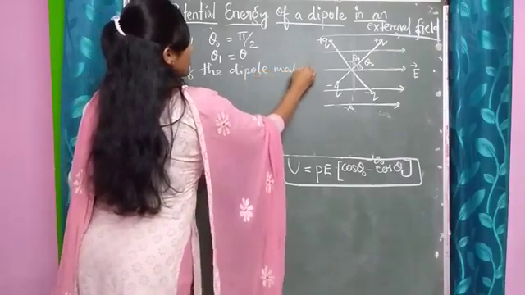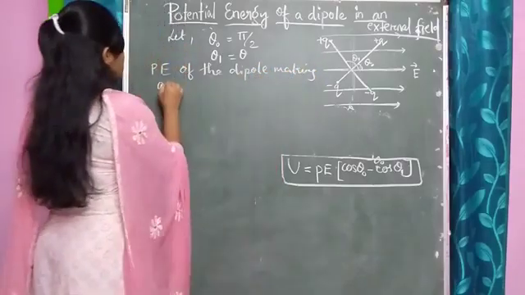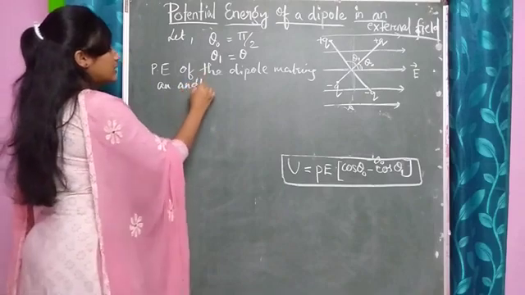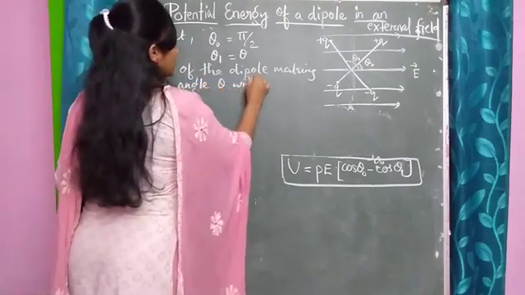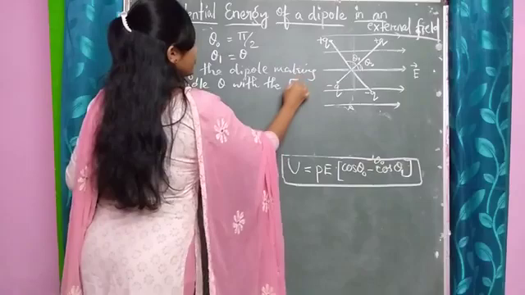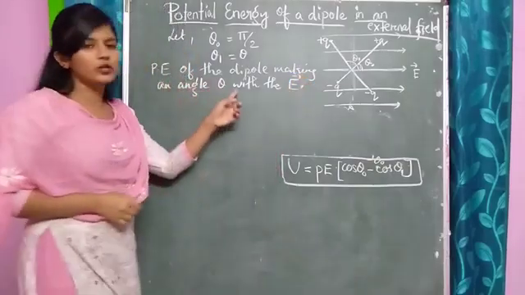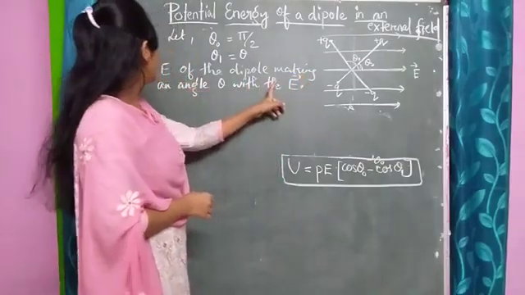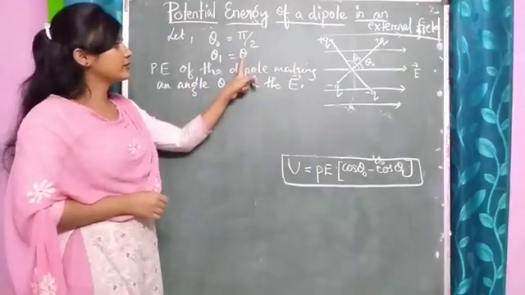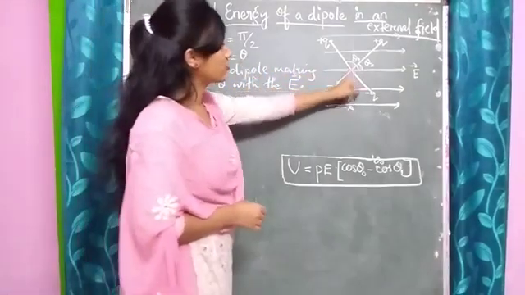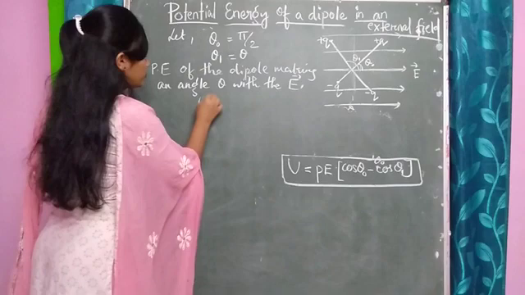What will be the potential energy of the dipole if it is making an angle theta with the electric field?